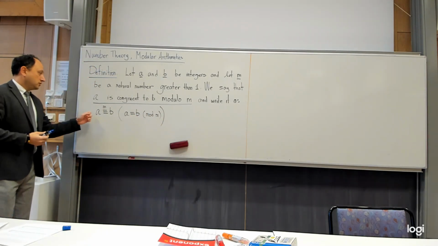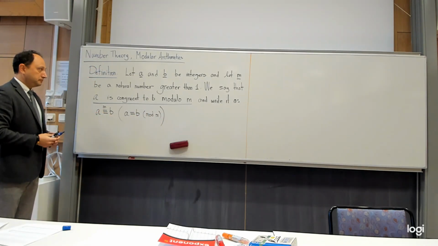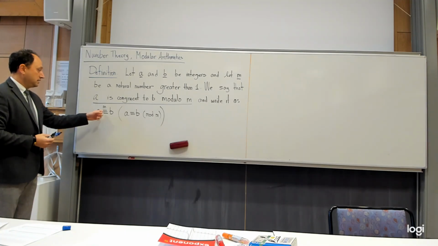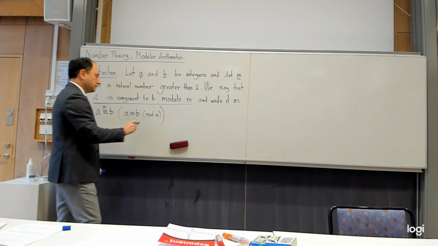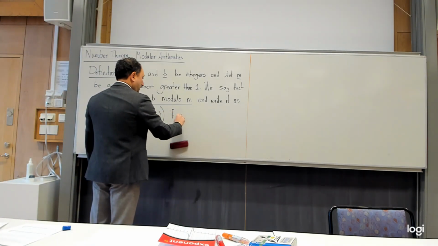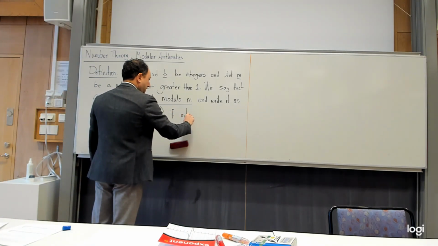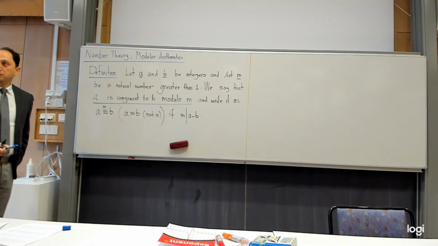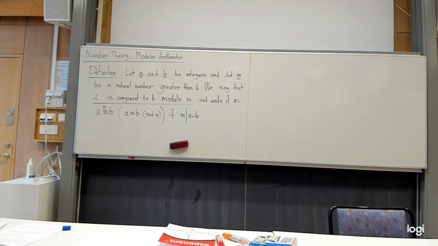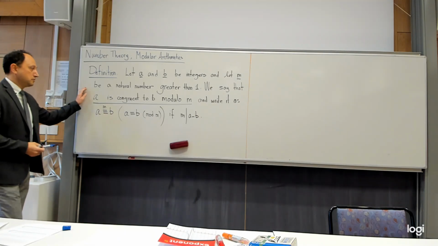I will use this symbol and write A is congruent to B modulo M if M divides the left-hand side minus the right-hand side, if A minus B is divisible by M. That's it, very simple.